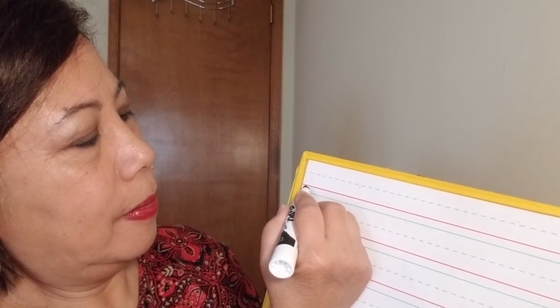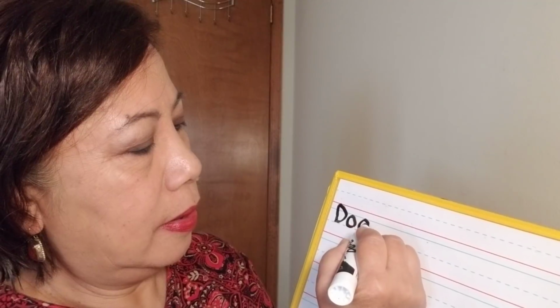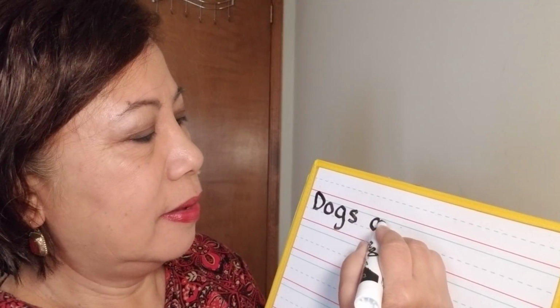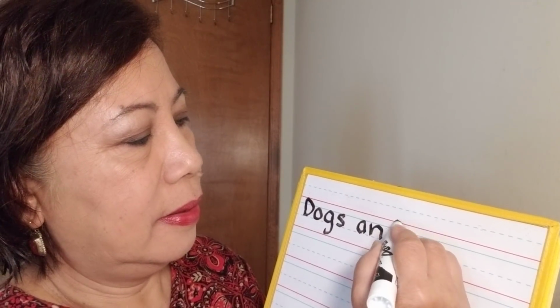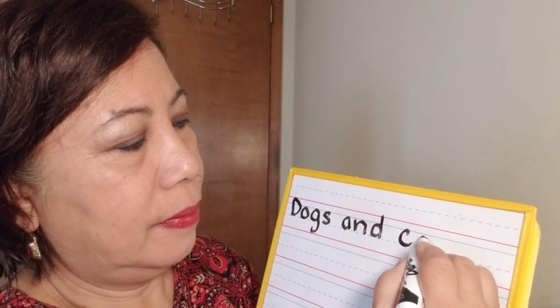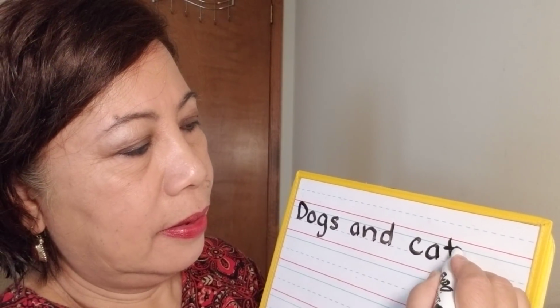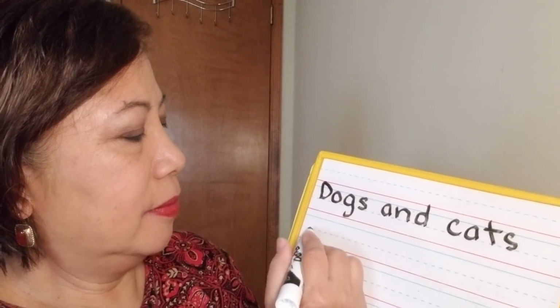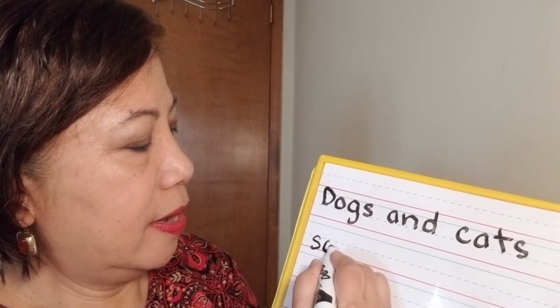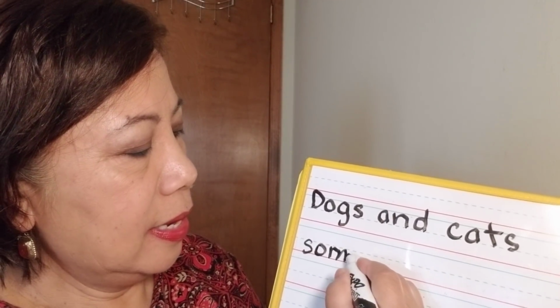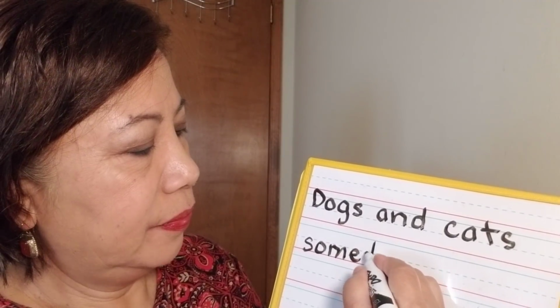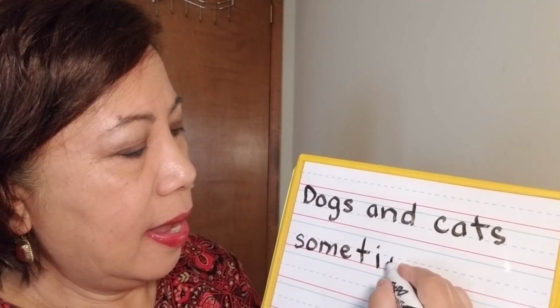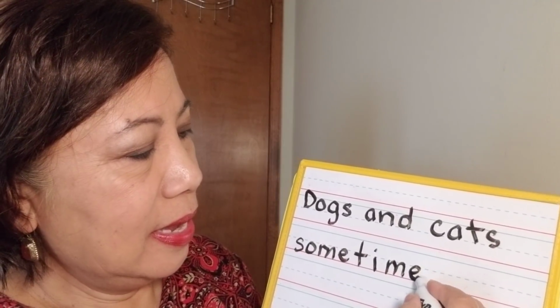Let's see. Dogs and cats. This says dogs and cats. Sometimes. How do you spell sometimes? S-O-M-E-T-I-M-E-S.